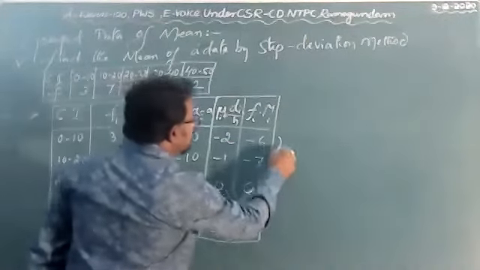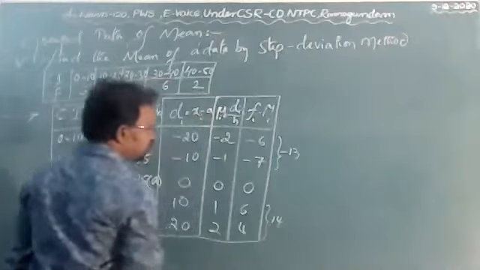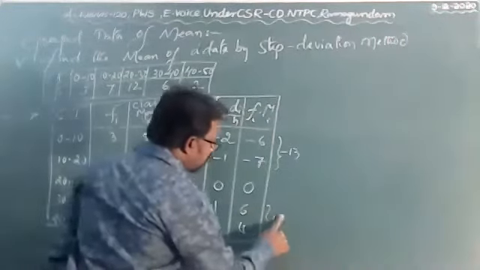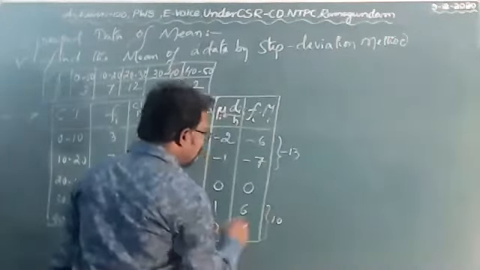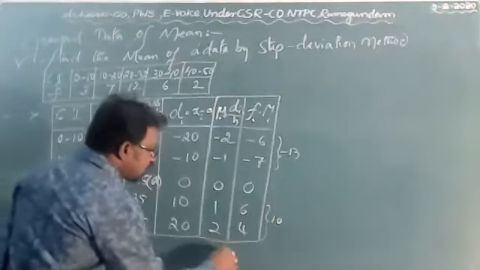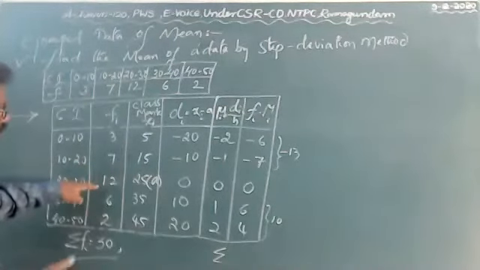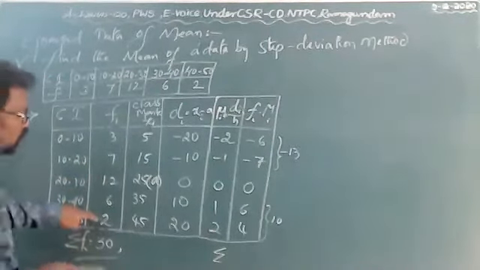See, add this one, minus 6 and minus 6 is minus 13... sorry, 6 plus 4 is 10, and 6 plus 7 minus 13. Here sigma, is it correct? 3 2s are 6, 7 1s are 7, 0, 6 1s are 6, 2 2s are 4.